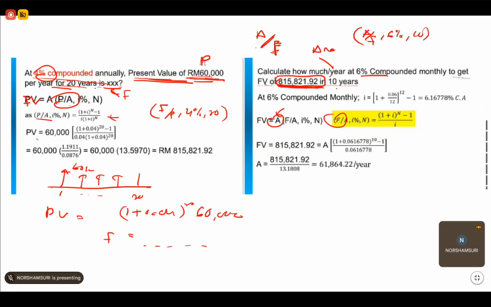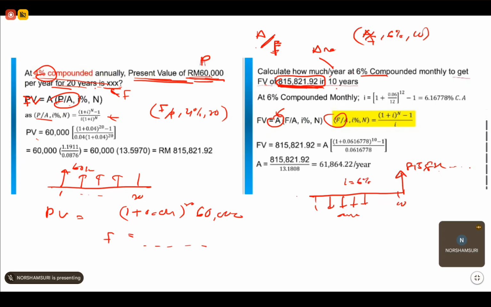A is the unknown here. If you have 10 years, for example, from one, and you already know that this one is 815,821 and so on, then you want to see how much you have to pay every year. So this annuity gets you this 815, and the I you already have is 6%.